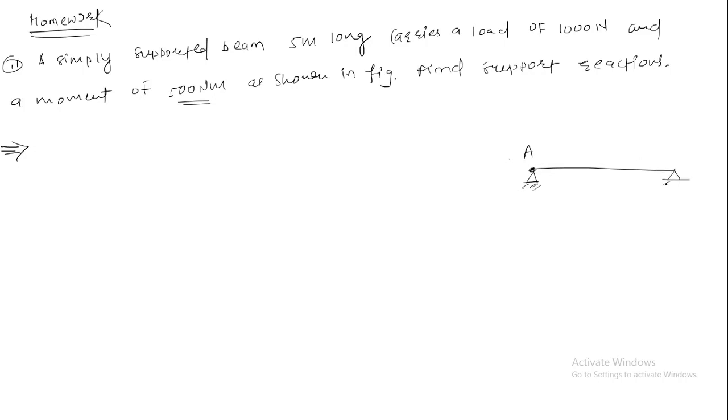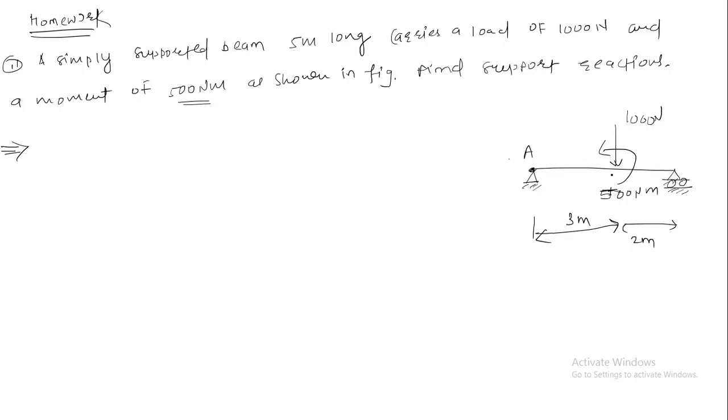One support is hinged, one is roller. This is 1000 Newton. It is couple दिलेला एक 500 Newton meter. Couple is what? 500 Newton meter चा एक couple दिलाय and distance is from here to here it is 3 meter and from here to here it is 2 meter.